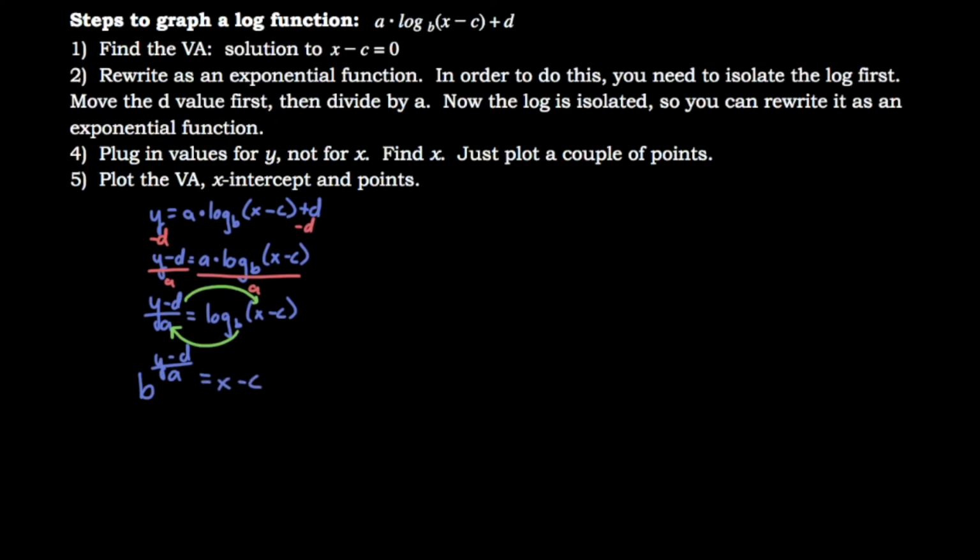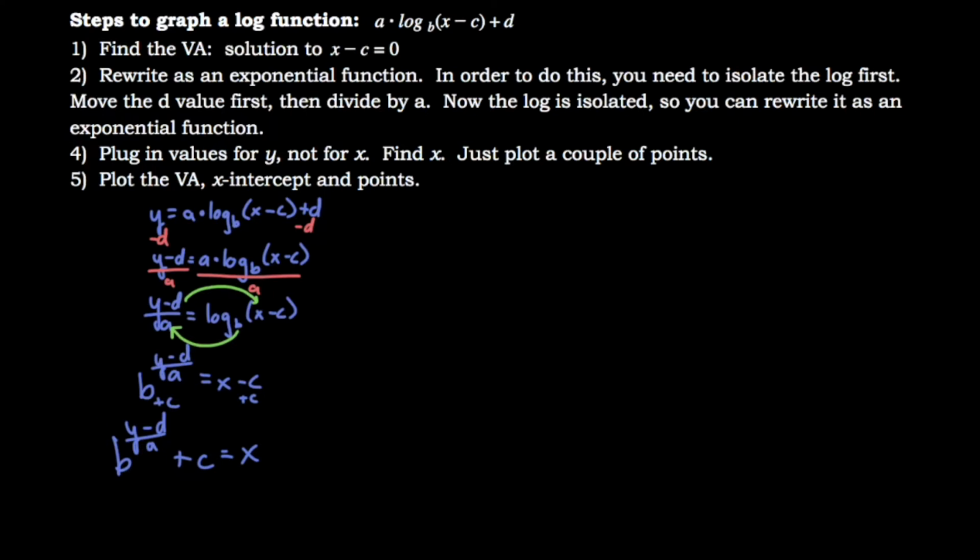And we're really close. We might as well just get x by itself by adding c to both sides. And this is all one term here, so I'm going to write b to the y minus d over a power plus c equals x. So this is worst case scenario, if you had every single transformation that you'd have to deal with.